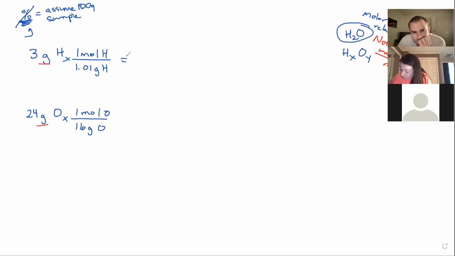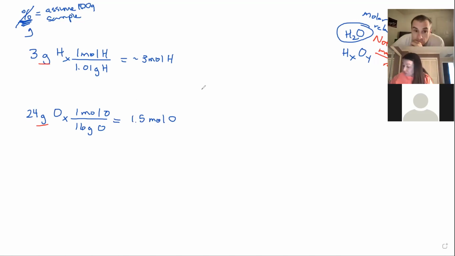So for this top one, and we're going to do some rounding with this, all right? This is approximately 3 moles of hydrogen. This over here gives us a value of about 1.5 moles of oxygen. So we have the molar relationship. For every 3 moles of hydrogen, we get 1.5 moles of oxygen.